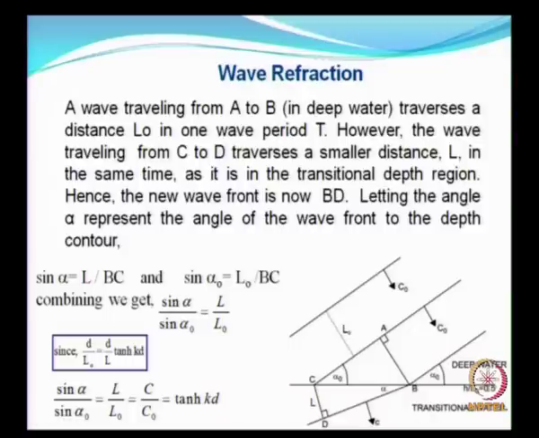Different books use different terminologies, but everything pertains to the wave direction. Now if I want to draw the wave direction at this location, it will be like this, perpendicular to the wave crest.